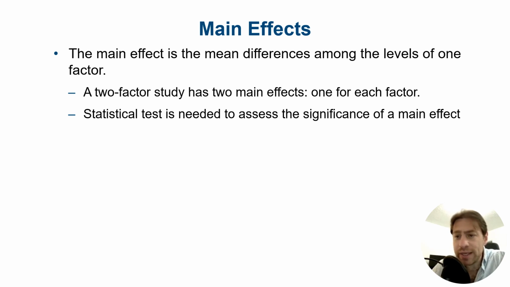And so what you are doing is temporarily treating this like a one-factor study by focusing only on one of the factors while sort of ignoring the other for the time being. And if you find that there is, on average, a difference between these modes of presentation, paper versus screen, then you would say that there is a main effect of presentation mode. And then you could do the same thing for the other factor in the study. So in a two-factor design, there are potentially two main effects that you can discover.